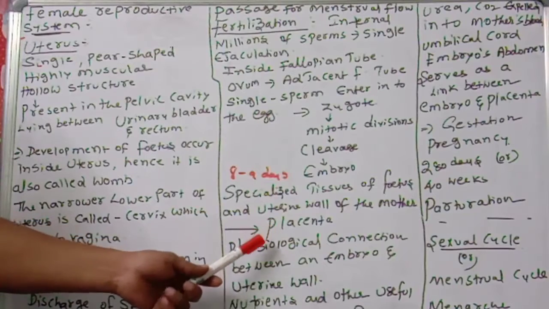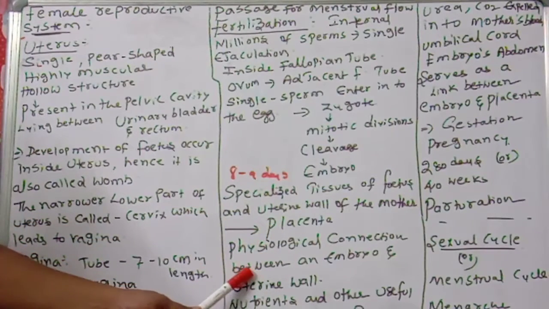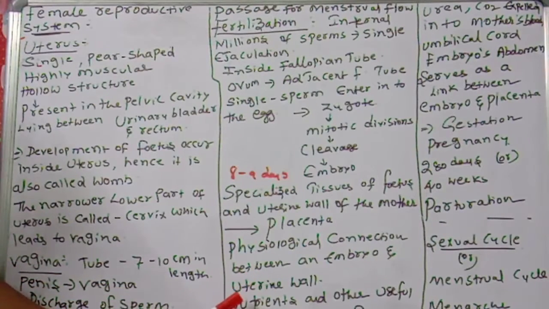Placenta is a physiological connection between an embryo and the uterine wall of the mother. So what is the function of the placenta?